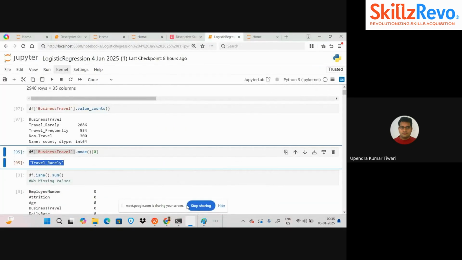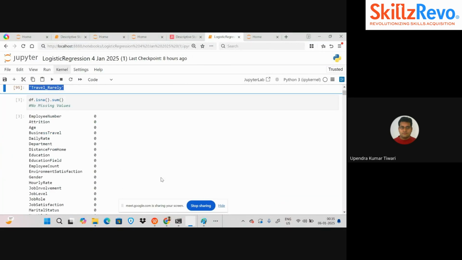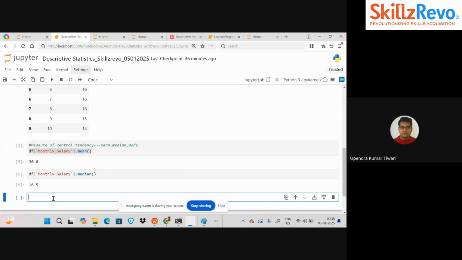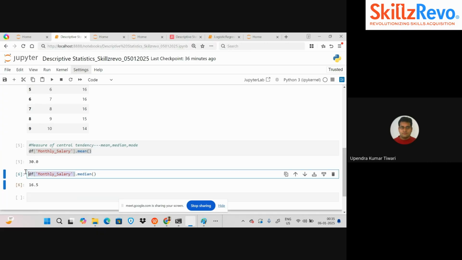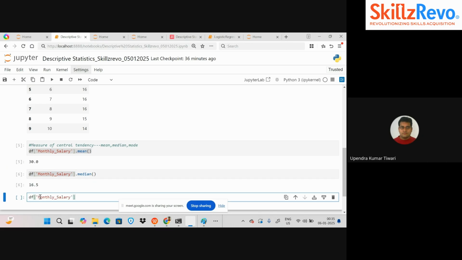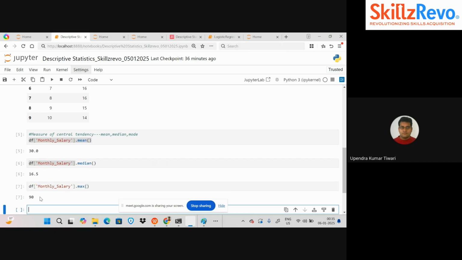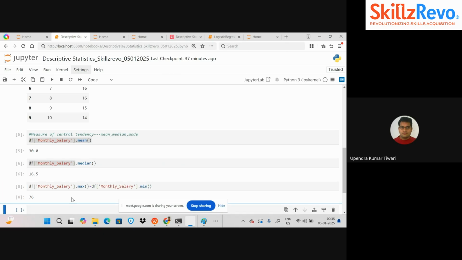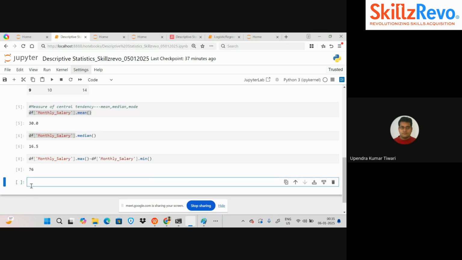Let me check. This is giving us the maximum. So maximum minus minimum equals range, remember? Let me find out the quantile.